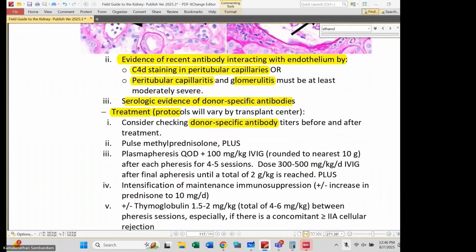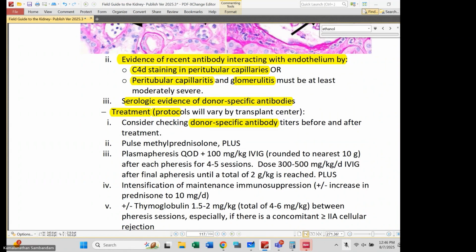It's an arbitrary unit, and they give you a cutoff. In our lab, an MFI greater than 800 is considered strong, something like that. I don't know off the top of my head, but you'll see it in the reports too.